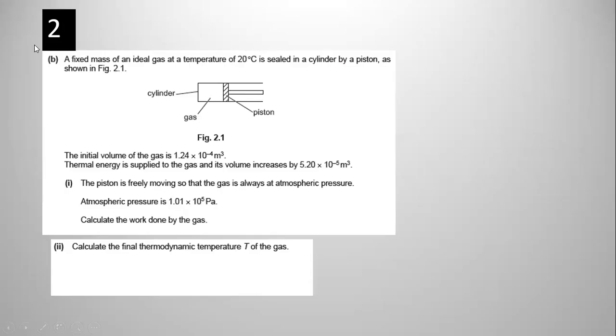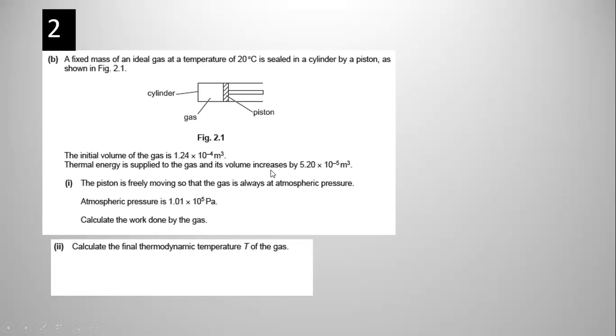A fixed mass of ideal gas at temperature 20 degrees Celsius is sealed in a cylinder by a piston, as shown in the figure. The initial volume of the gas is given, and thermal energy is supplied to the gas.